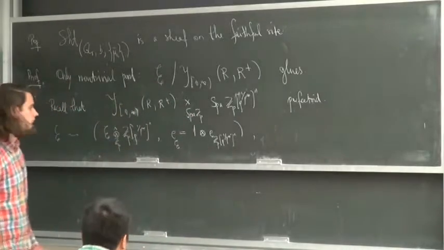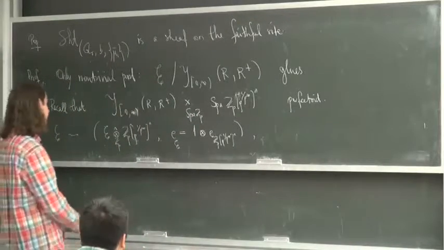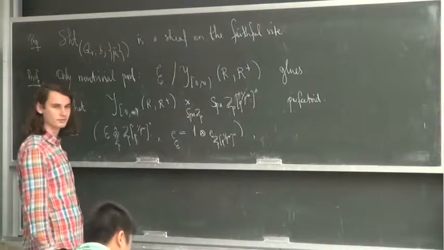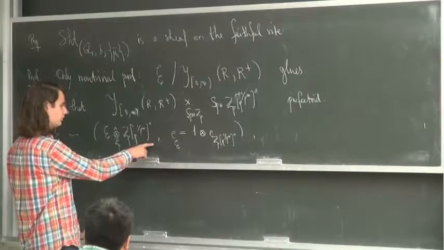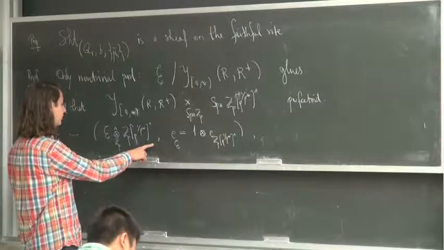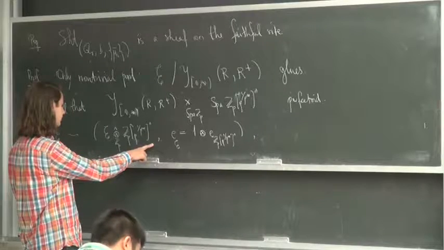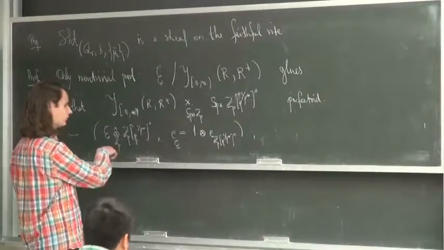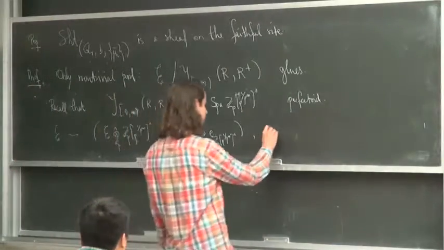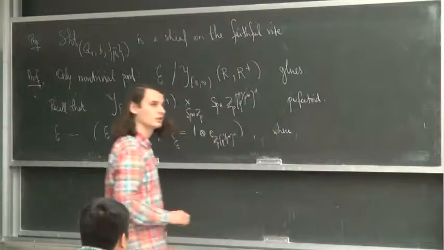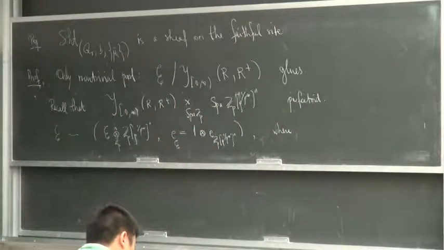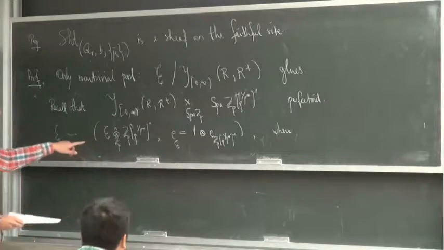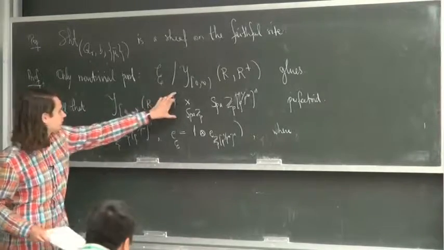What's this idempotent? It's just an idempotent in the endomorphism algebra over the smaller ring, for this gadget here. I'm just splitting off as a module over the smaller ring.